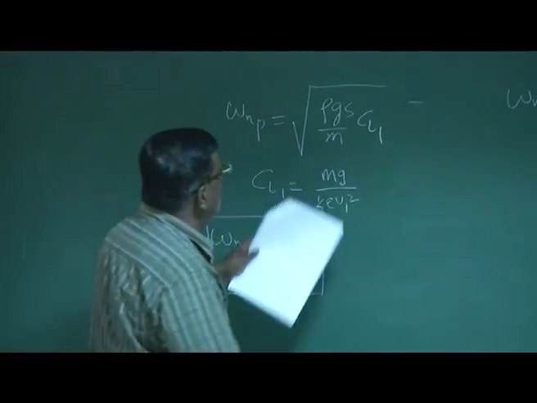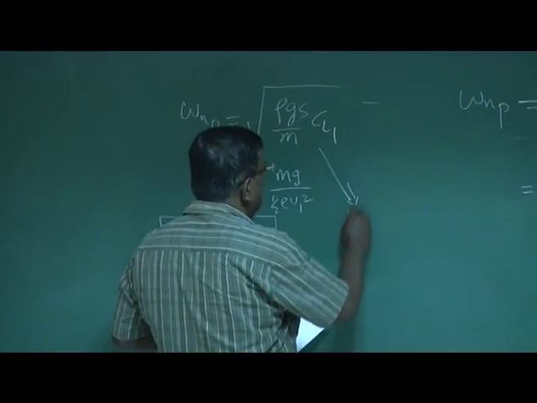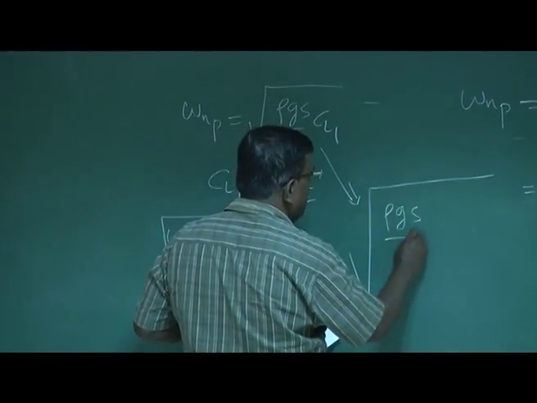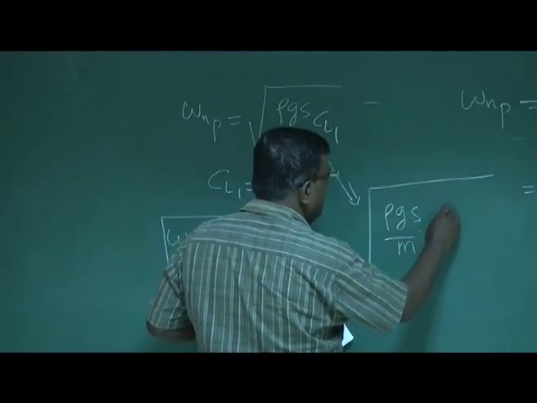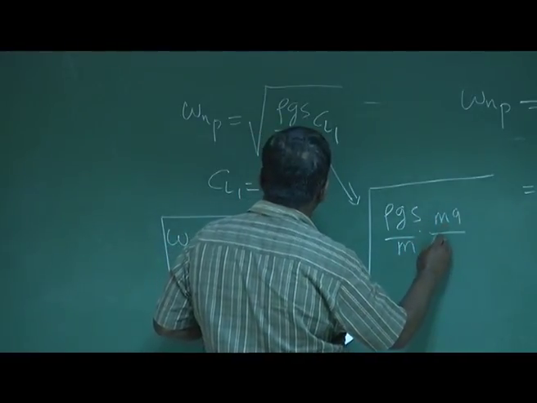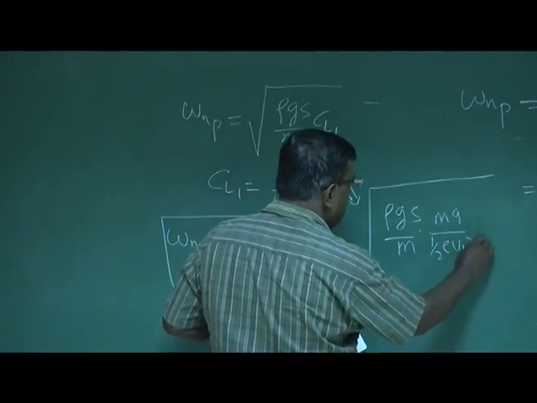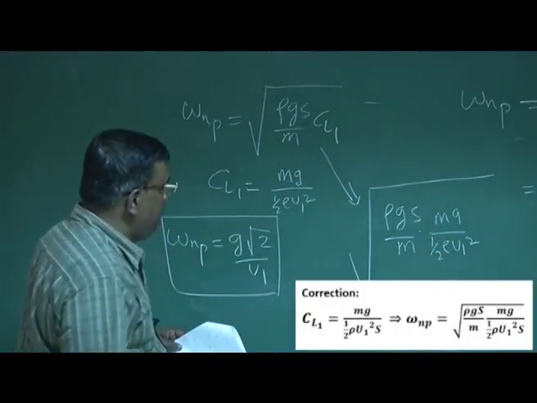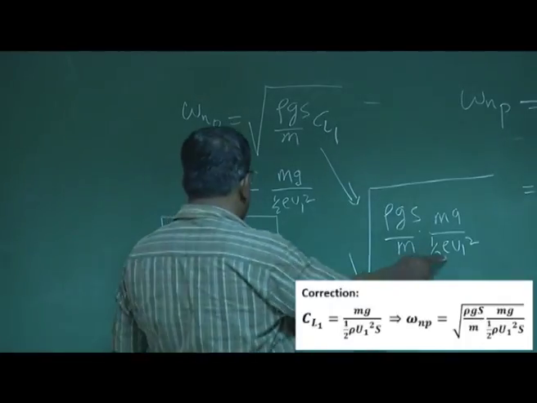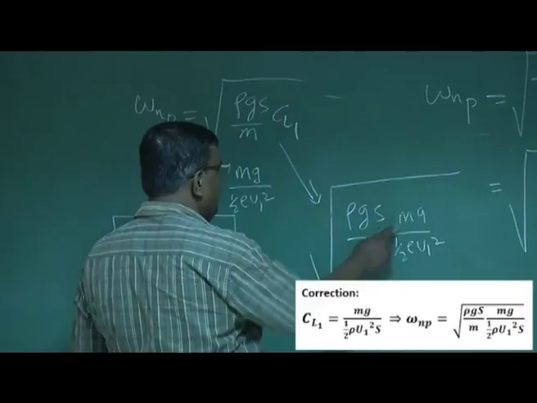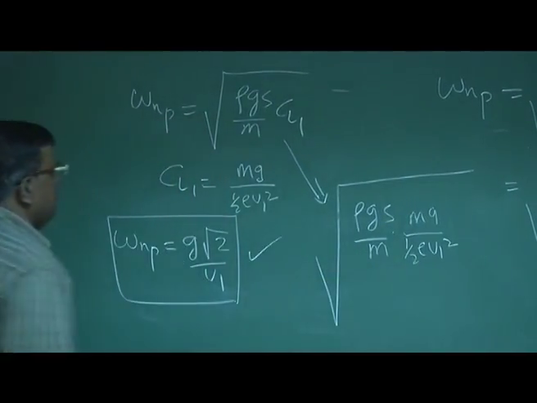Under root of rho GS by M, and CL1 is mg by half rho U1 squared. So you could see that half goes here, rho gets cancelled, g remains, M will get cancelled, so we get this expression.